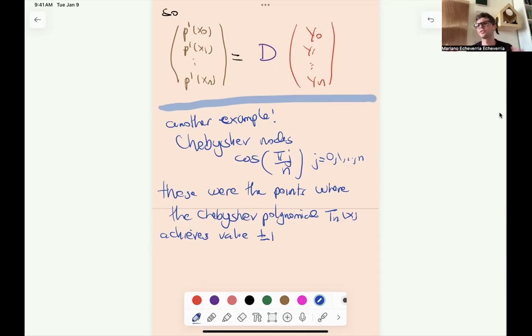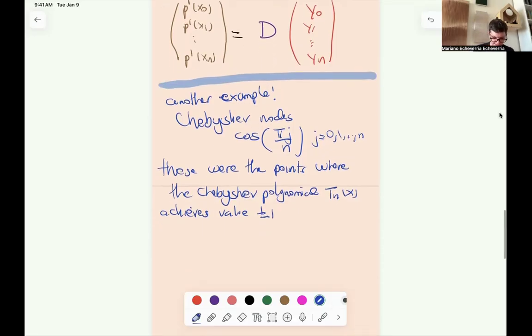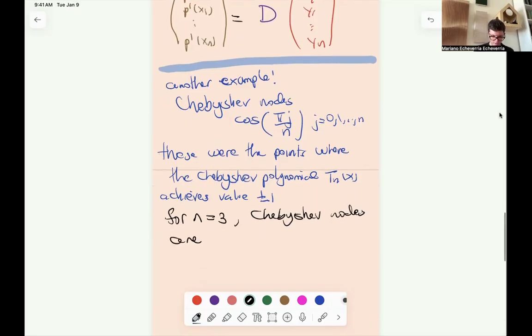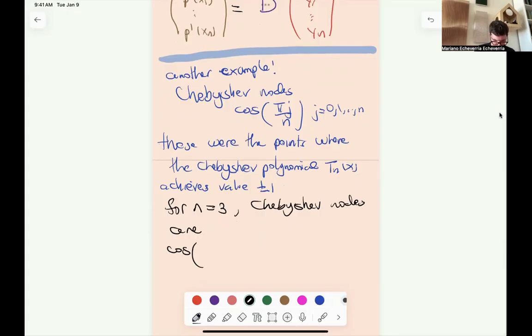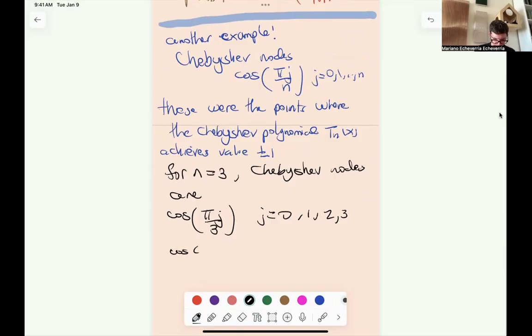So for example, just to keep it short, if you choose n equals 3, the Chebyshev nodes are cosine of pi j over 3 for j equals 0, 1, 2, 3. That gives you cosine of 0, cosine of pi over 3, cosine of 2 pi over 3, and cosine of pi.